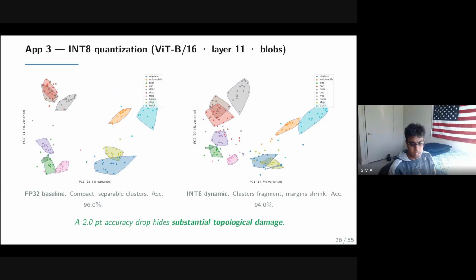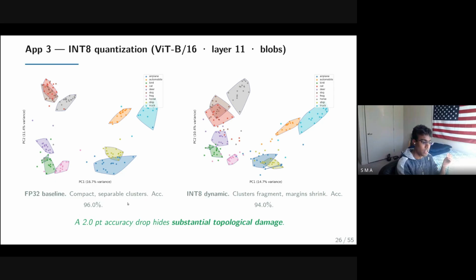And moving on to the third application here, which is looking at quantization. You take a model, and over here I performed int8 dynamic quantization for ViT, and the accuracy was quite similar.